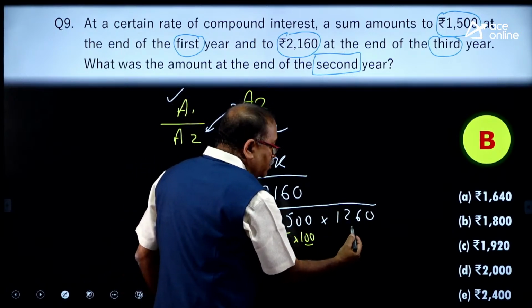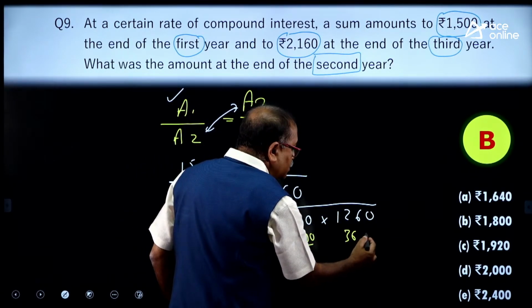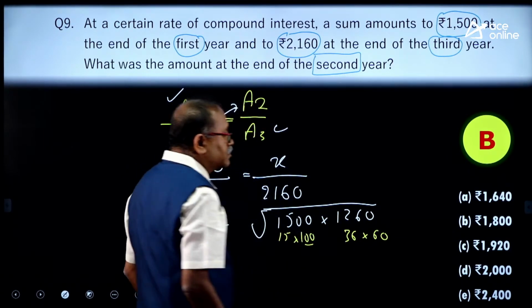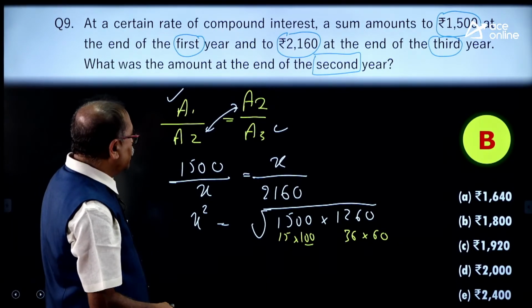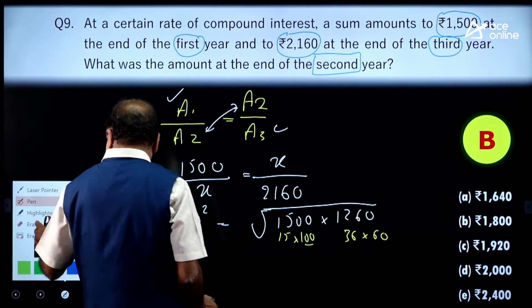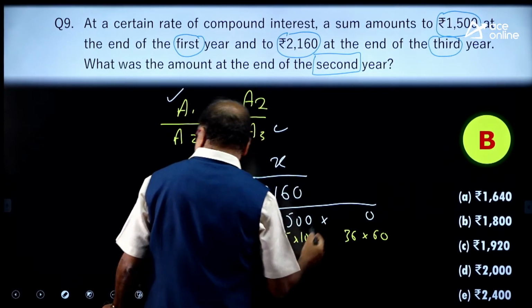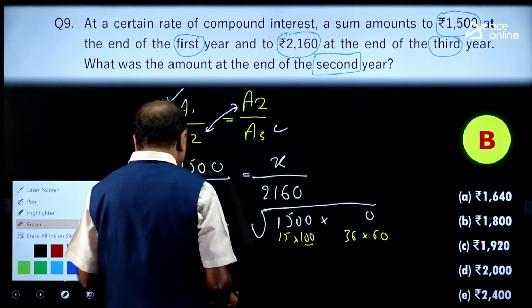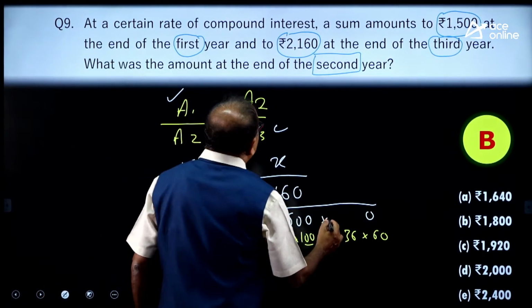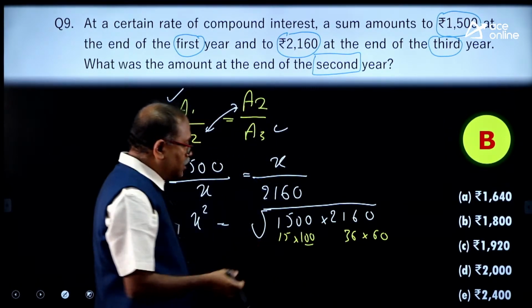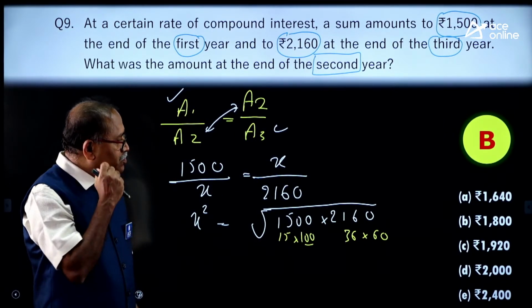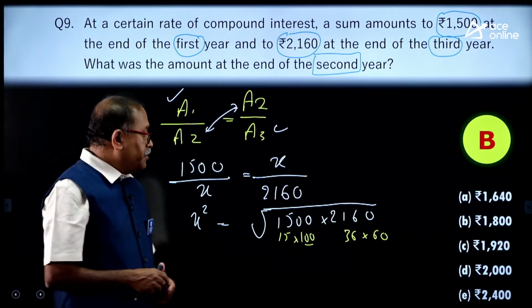And here I can write down this number 2160 as 36 into 60.